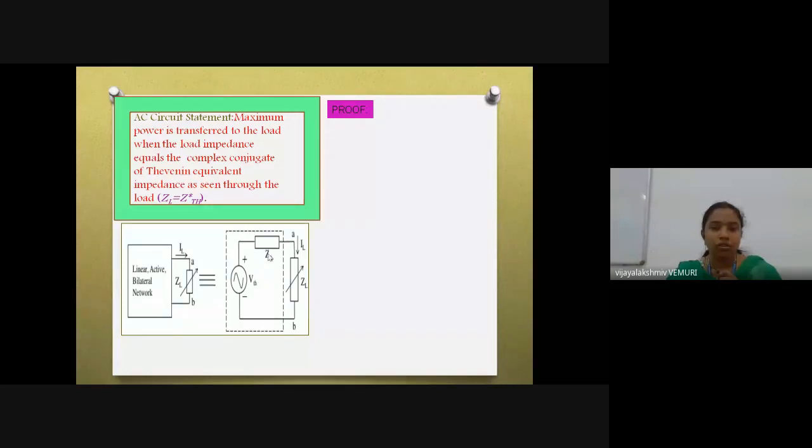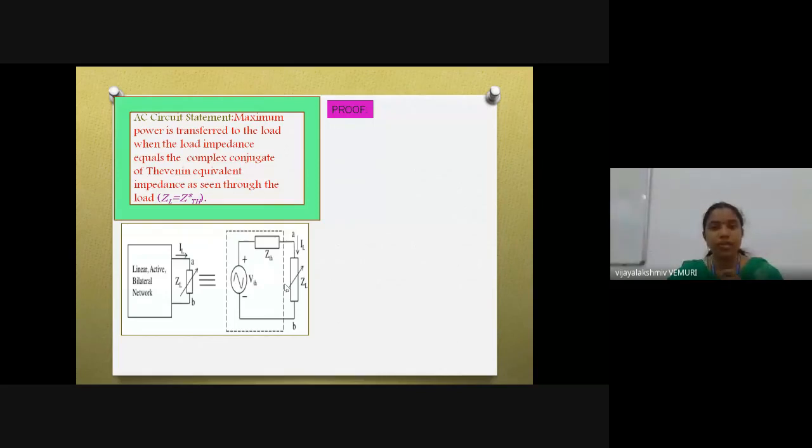In the previous case, when the load resistance is equal to Thevenin's resistance, we got maximum power transfer. But in an AC circuit, only when the load impedance is equal to the Thevenin equivalent impedance conjugate will maximum power transfer take place. So how?